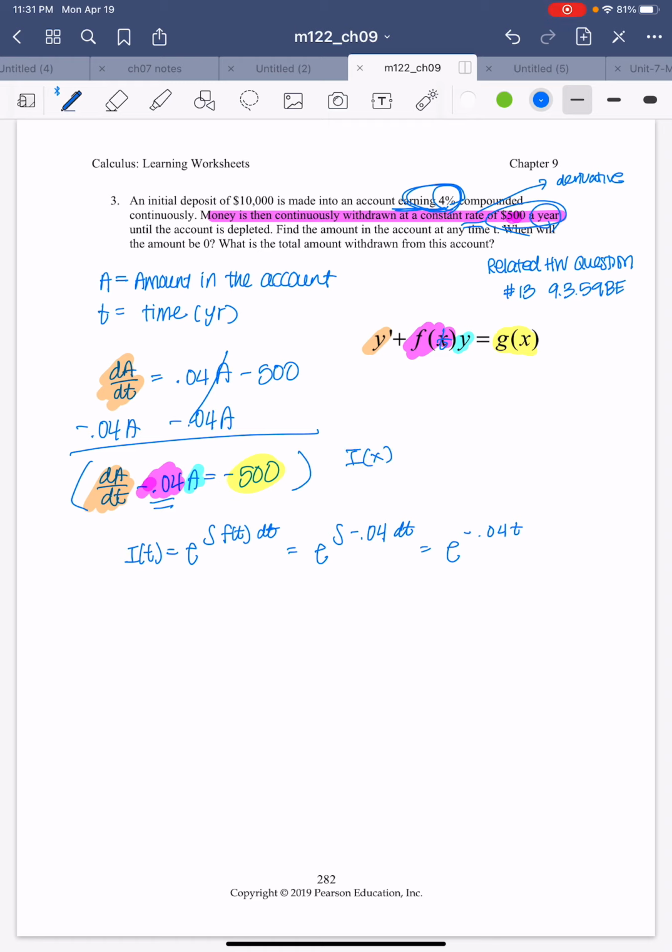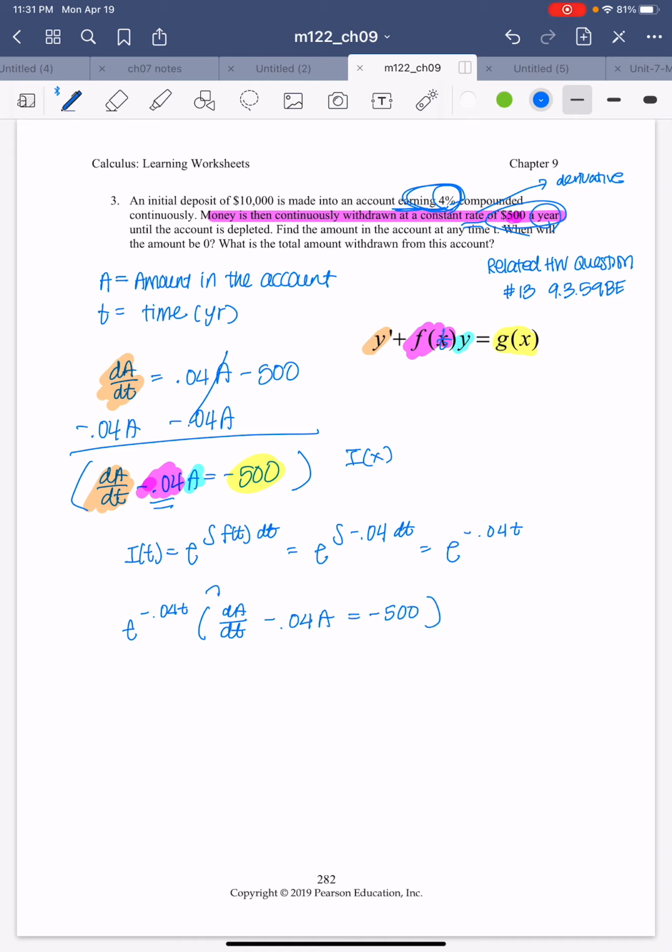So we have e raised to negative 0.04t multiplied by dA/dt minus 0.04A equal to negative 500.